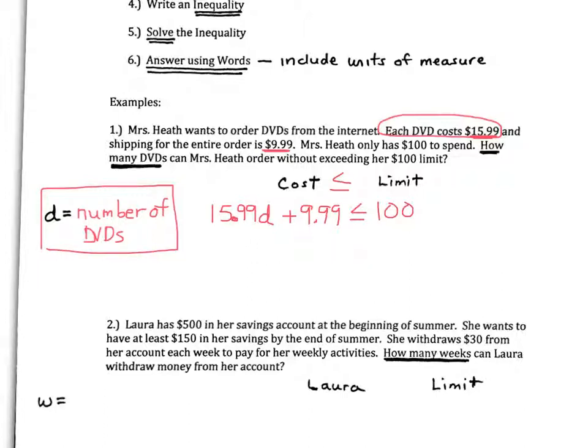Now I solve it. Let's try to solve it quickly. Subtract your $9.99 from both sides. That leaves you with $15.99 times D is less than or equal to $90.01. Then divide both sides by your $15.99.